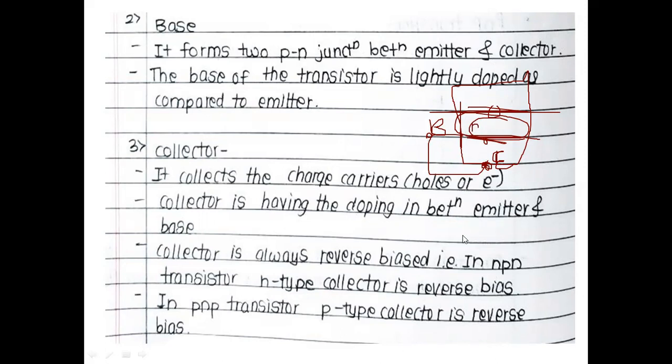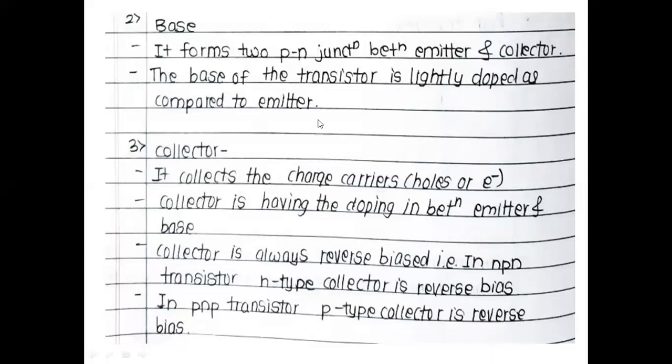But very little doping is required as compared to the emitter and collector. There is no need for more doping. The middle layer or middle semiconductor is called the base, which may be N or P, in NPN or PNP.